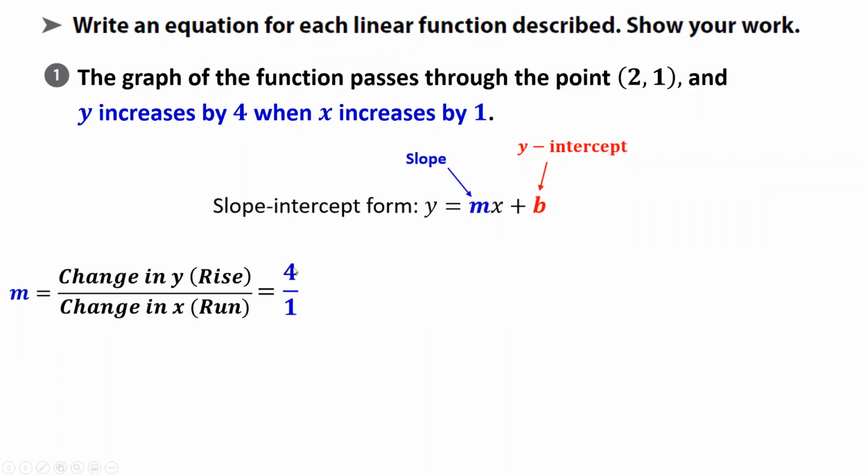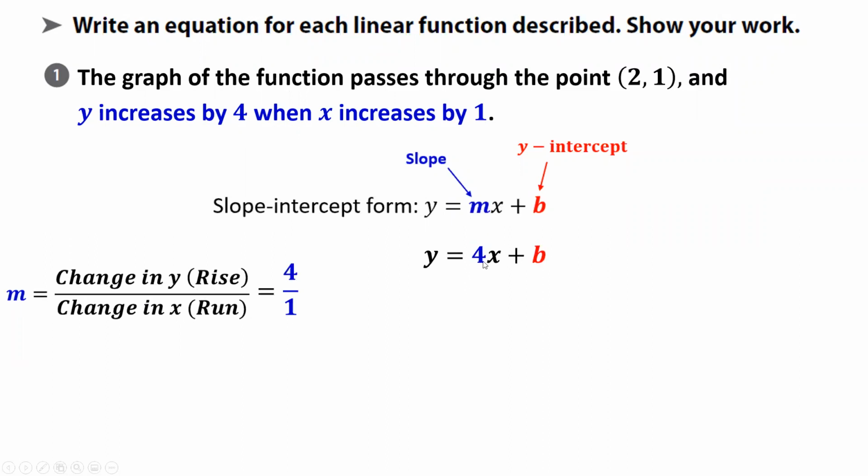So my slope is actually 4 over 1. So I can plug this into my equation. Instead of y equals mx plus b, I can now have y equals 4 over 1 x plus b. So all I need now is to find the b. But before I do that, a lot of you are going to write the 4 over 1 simply as 4. So you can do that as well.